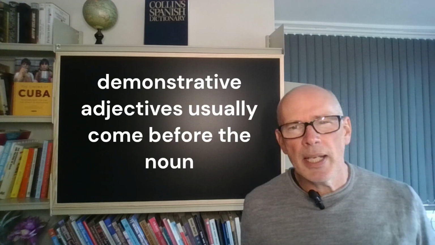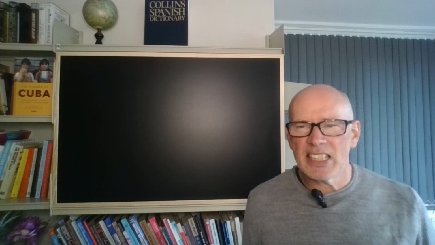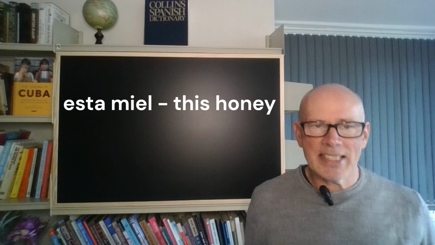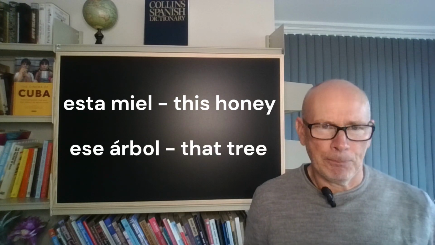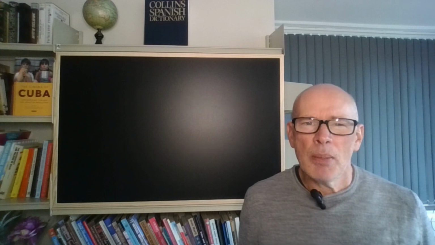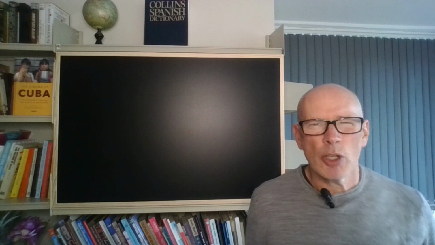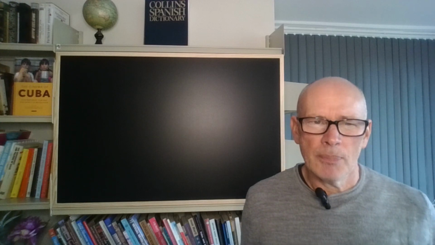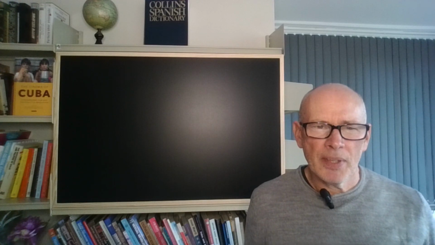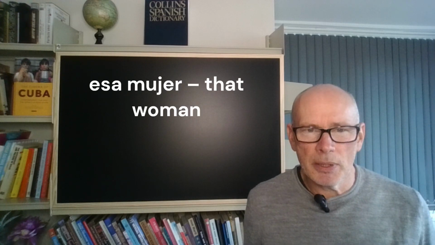So where do you put these demonstrative adjectives in a sentence? Well, usually before the noun. For example, esta miel, this honey, or ese árbol, that tree. Sometimes they can be put after the noun, but this could, though not always, imply sarcasm or criticism of some sort. Let's just compare these two. If you say esa mujer, you're simply saying that woman.